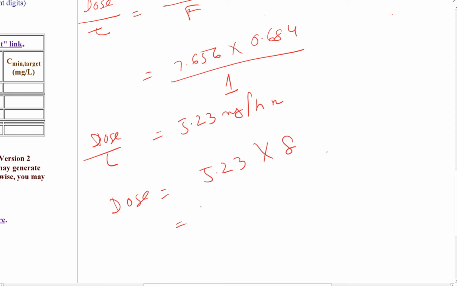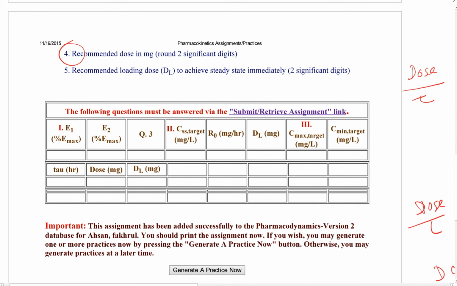This will give you 41.9 milligram. This is your dose, the recommended dose. So 41.9 rounded to significant figures is 42 milligram.